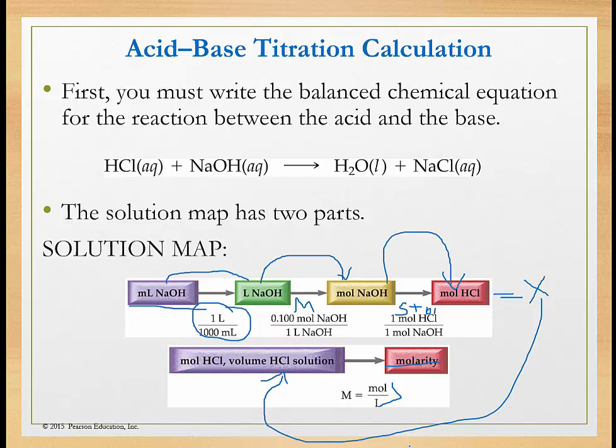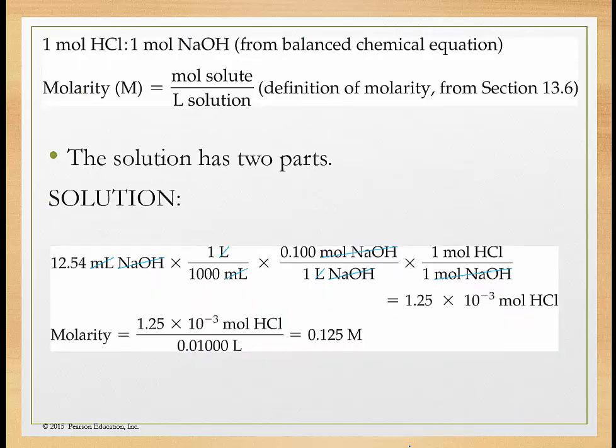All right, so if we look at it with the numbers put in, we can see how that runs. There's two parts. The first thing I have to do is just start with the volume of sodium hydroxide, convert it to liters. So milliliters cancel out, leaves me with liters. Then I convert liters of sodium hydroxide to moles, so liters cancel out. And then I convert sodium hydroxide, number of moles, to hydrochloric acid.